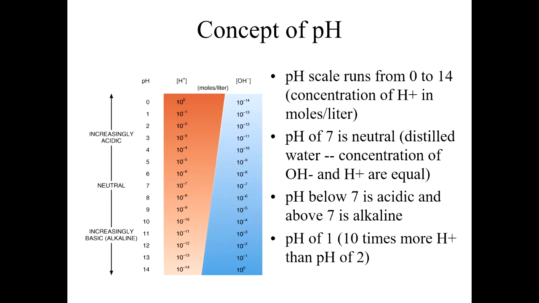And then as you start to go down from 7 to 6, that's when you start to get into your acids. And if you look at the chart with the blue and the white, it gives you the number of moles per liter that are present, both in your hydrogen ions and your hydroxyl ions that are present.